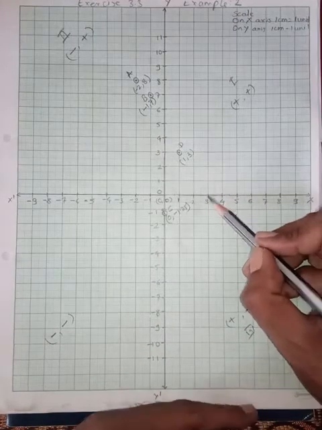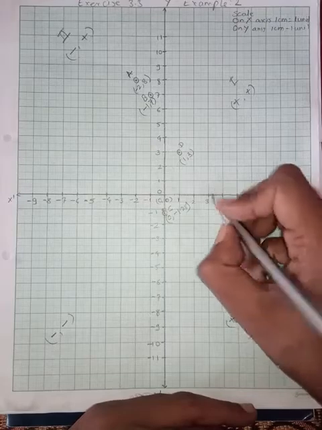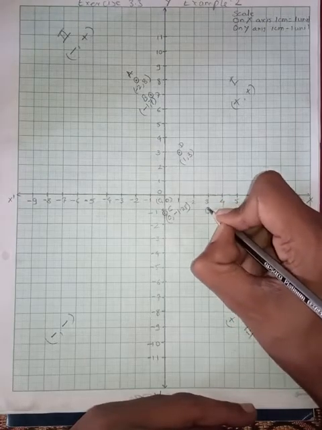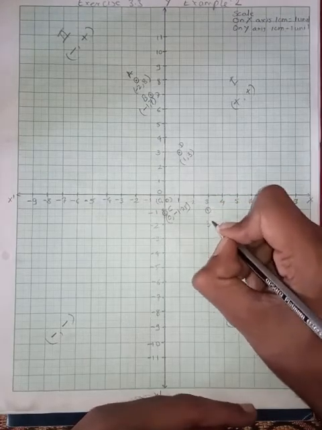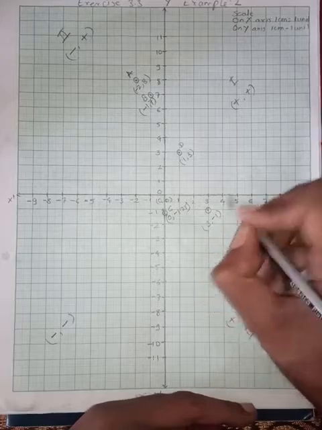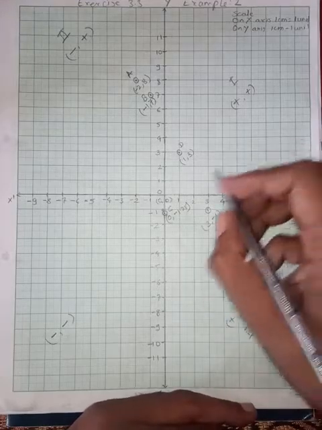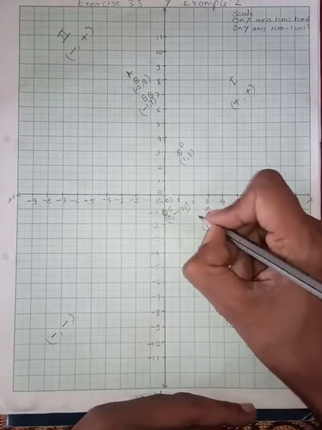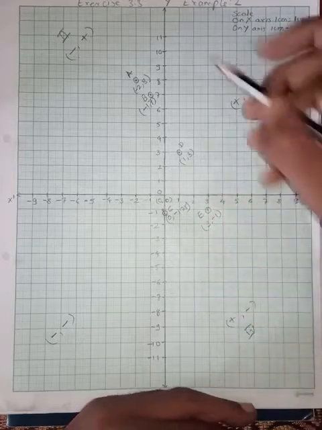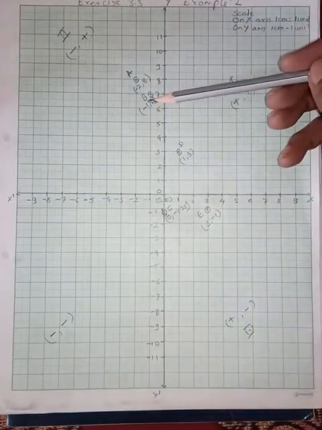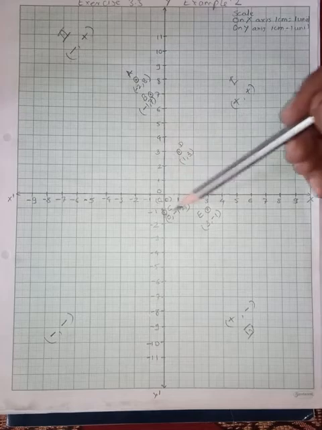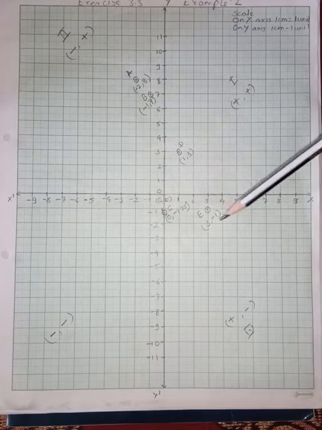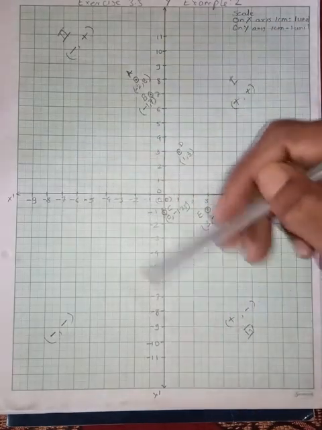X is 3, y is negative 1. So this is the point. Let us give some name to this point, E. So we have located A, B, C, D, E, 5 points in the Cartesian plane.